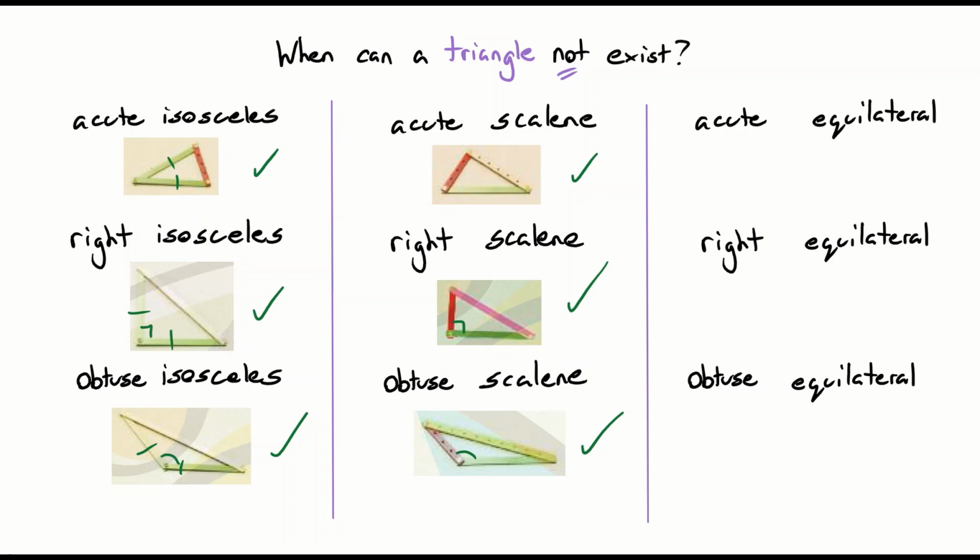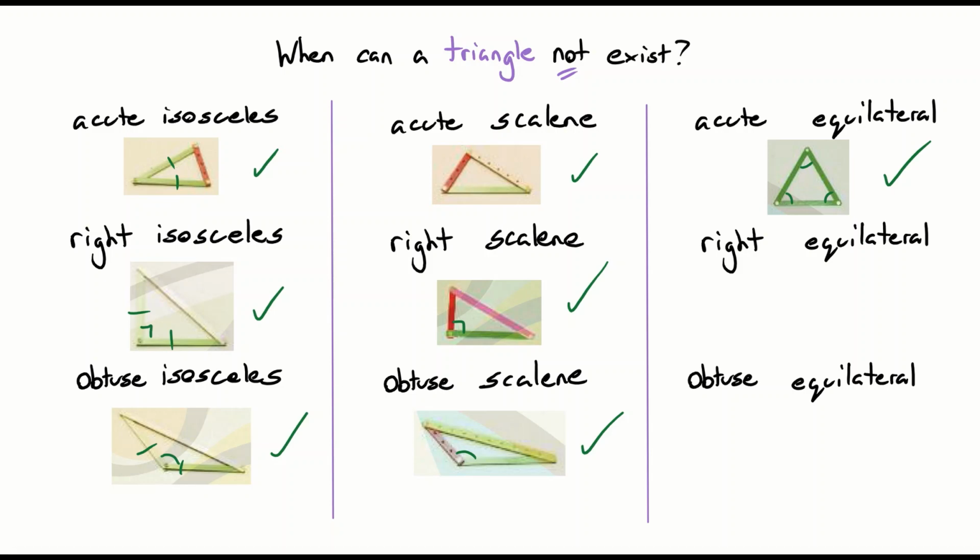Equilateral. Are you a fickle beast? Acute equilateral. Can you have an acute equilateral? Yeah. You absolutely can. In fact, they're all acute equilateral, aren't they? All three sides the same length, all three angles the same angle measure. Right equilateral. Think about that one for a moment.